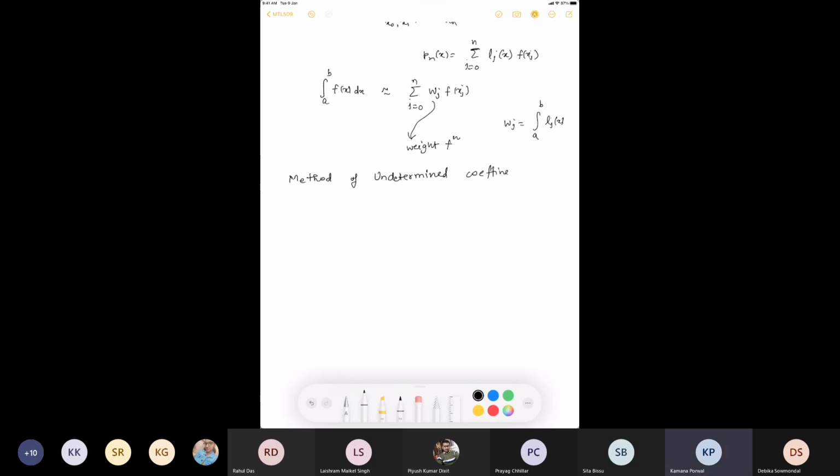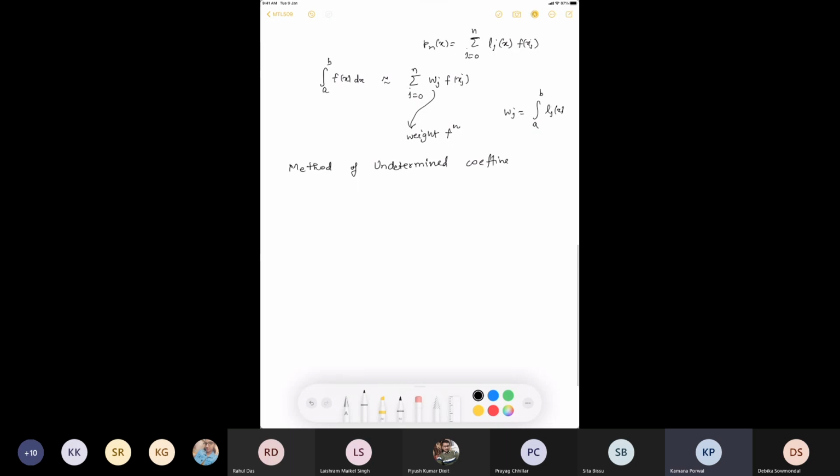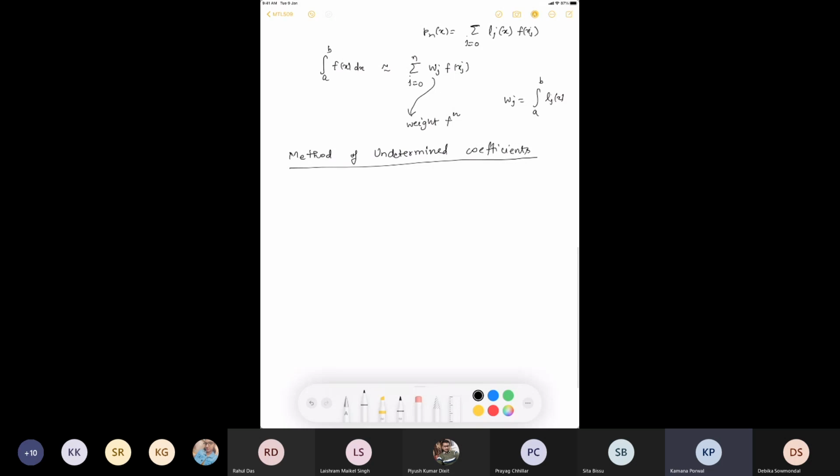The same formulas which we have obtained so far can be obtained using this new method. So let's see what we do in this method and what differently we can do to get these weights w_j's.